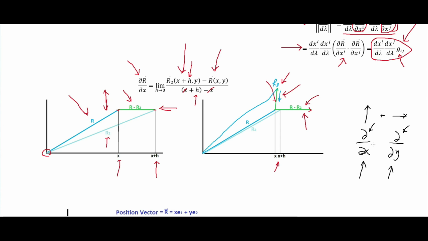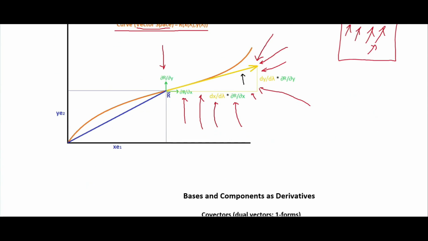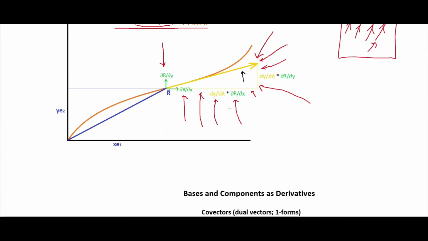And so that is how you can actually have derivatives be your basis vectors and your components. So once again, down here we can see how this component here multiplied by this partial with respect to x, which is our basis vector, gives us the x component of this tangent vector here.